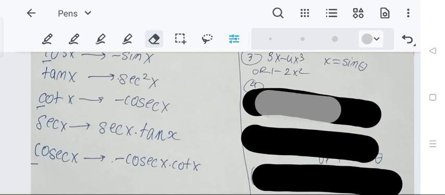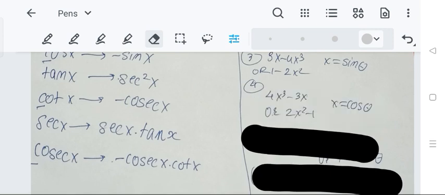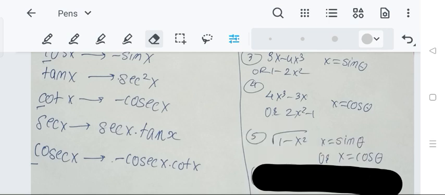Now the next formula is that if 4x cube minus 3x or 2x square minus 1, then put x is equal to cos theta. Next, if root of 1 minus x square, then put x is equal to sine theta or x is equal to cos theta.